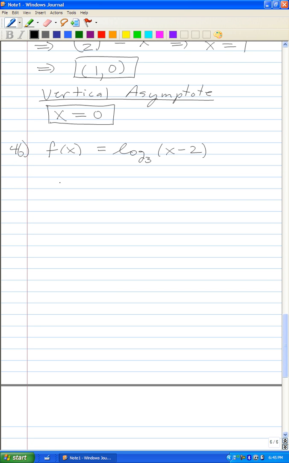And so this says that y equals log base 3 of x minus 2. So this is actually a translation of the graph of y equals log base 3 of x. And you're going to translate this in the positive x direction, so to the right 2.